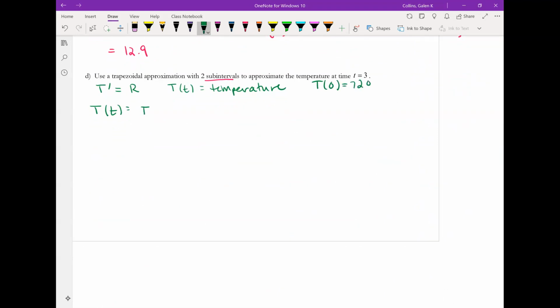So for our accumulation function, I use my known information here. Whatever T value this has to be the same. This is our variable T. And then now when I write my definite integral, I use a dummy variable.